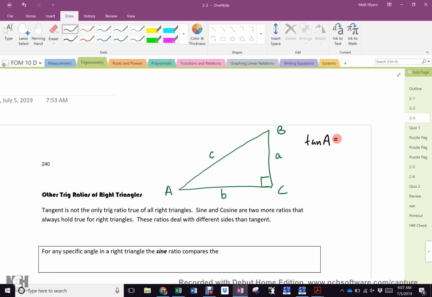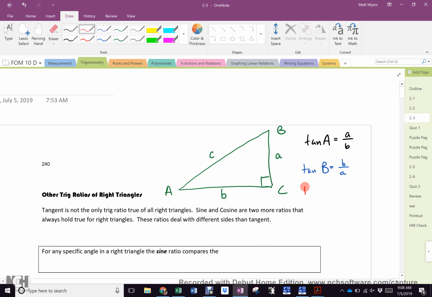So what's opposite of big A? Little a, and what's adjacent? Little b. What is the tan of big B? Little b over little a. Good.